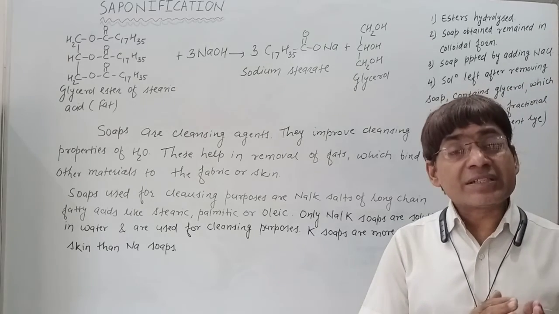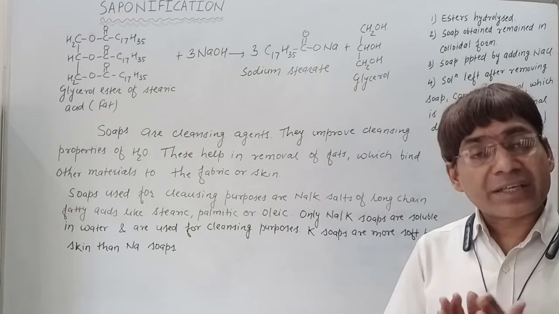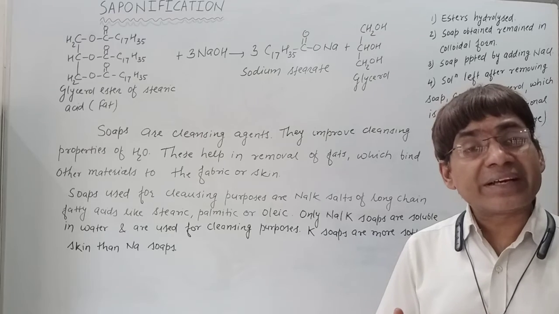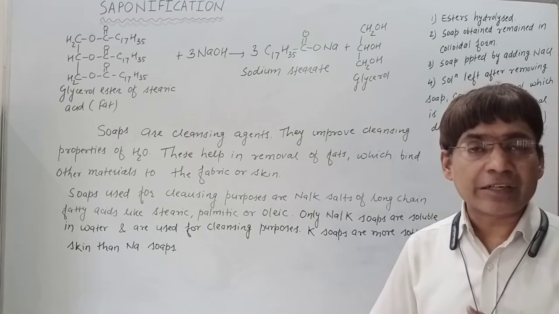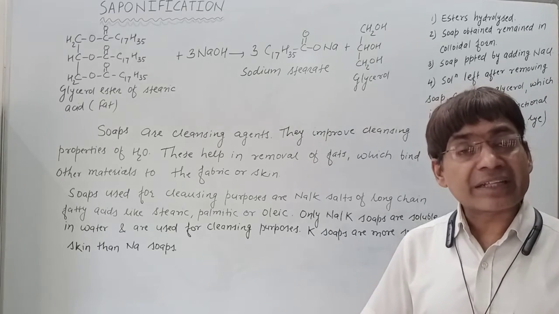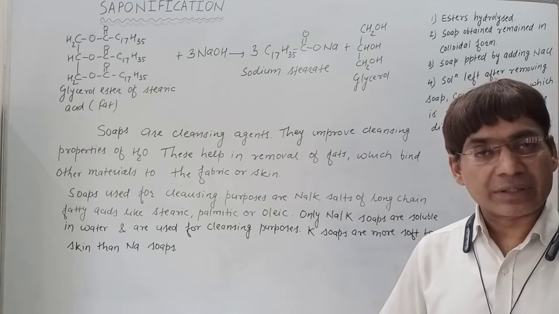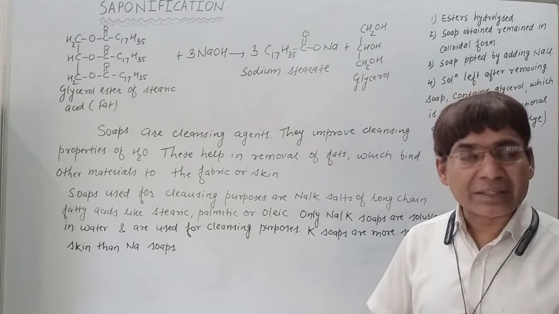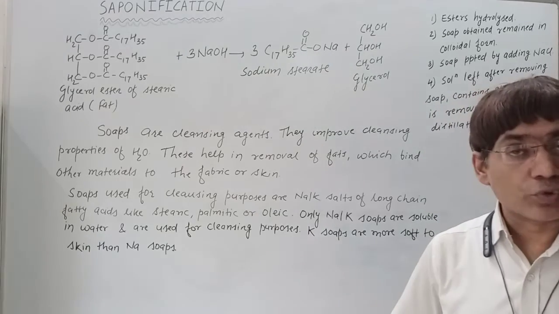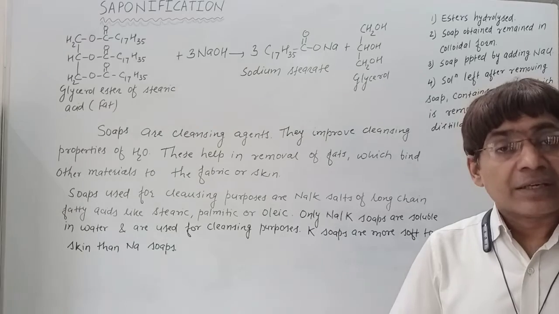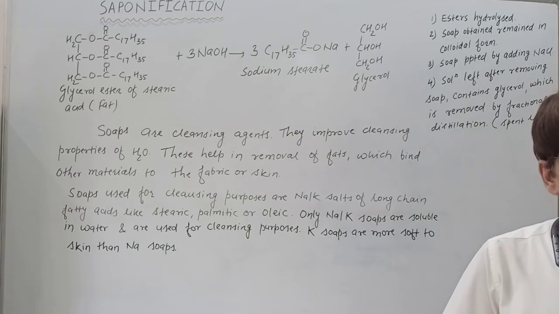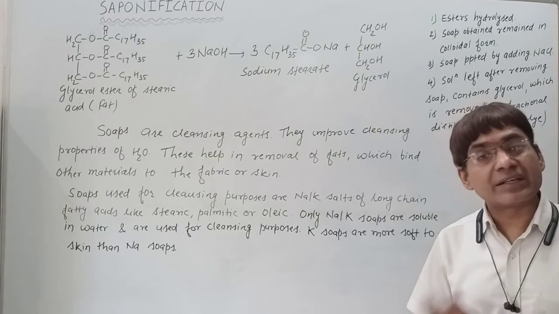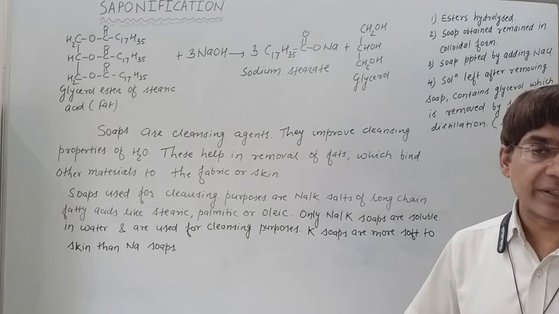So the fat present on the skin or fabric invites other impurities or dirt particles, making that fabric or skin even more dirty. To clean that dirtiness, soaps are used because they remove fats. Removing of fats from fabric is by micellar action. This we have studied in surface chemistry already.